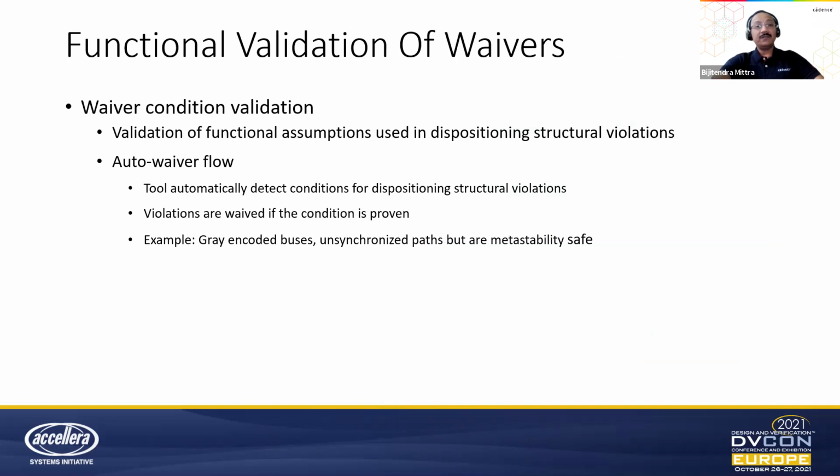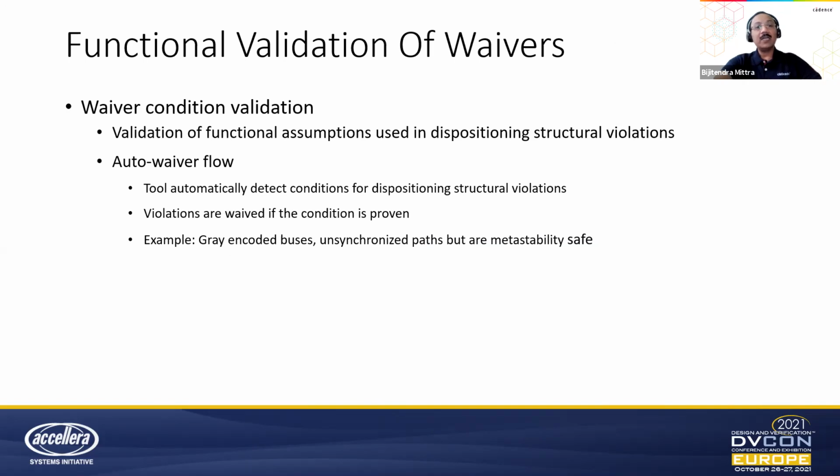Coming to validation of waivers. As we have seen, we do make assumptions about design functionality while waiving off violations. Now, it is important to validate these assumptions while you are dispositioning the structural violations.